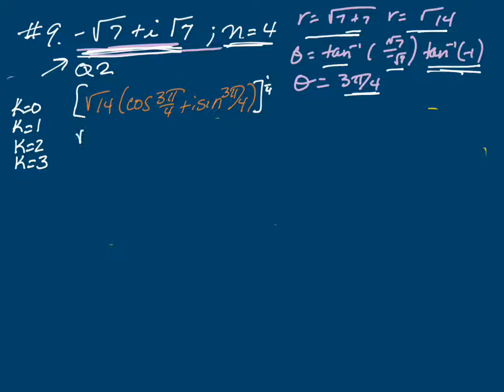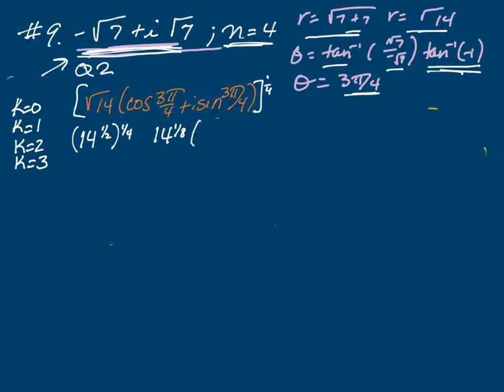This is square root of 14. Let's start with this. This would be 14 to the 1/2, and then that's raised to the 1/4. So that's 14 to the 1/8.